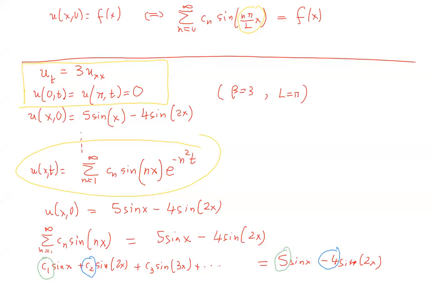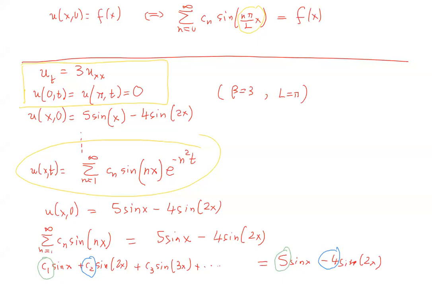Okay, so basically C1 is equal to, what was it, 2? No, 5. And C2 is equal to -4, and C3, C4, and so on, all the other ones, are equal to 0.